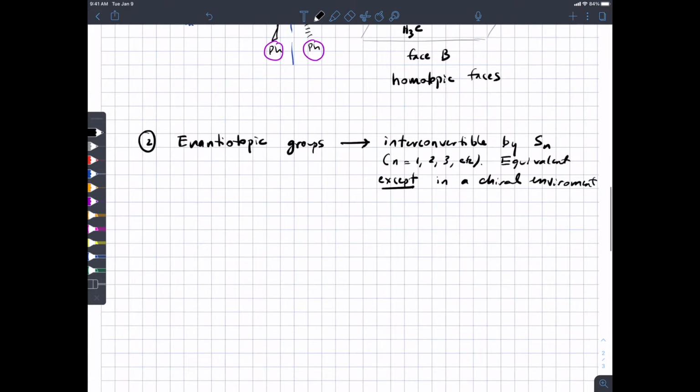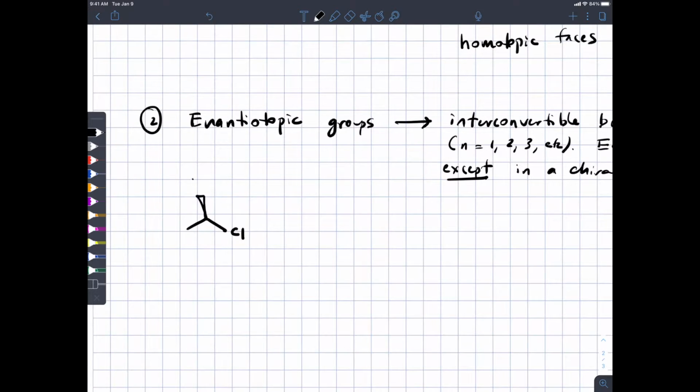Okay, so what are some examples of enantiotopic protons? HA and HB. All right, well, how are they interconvertible? They're interconvertible by a mirror plane, which is just the plane of the page.